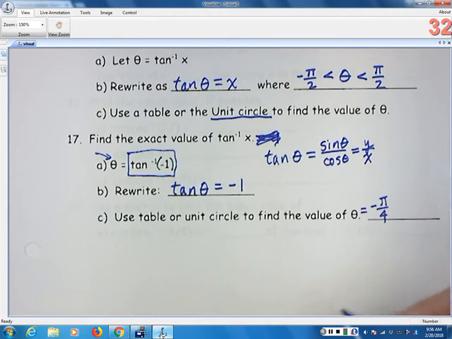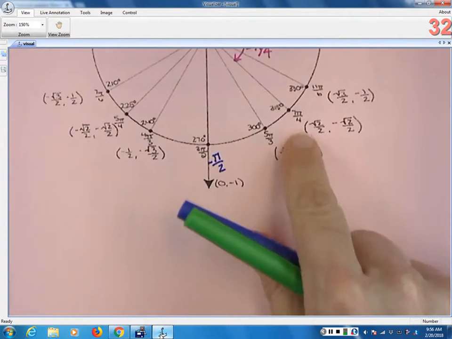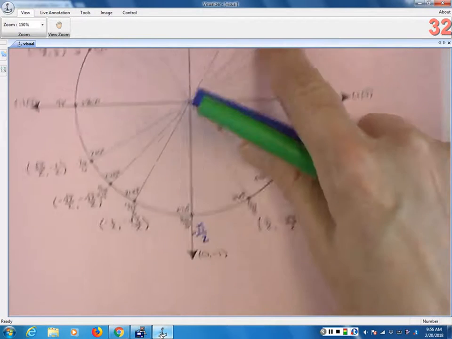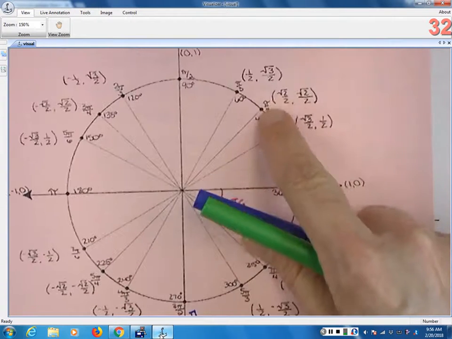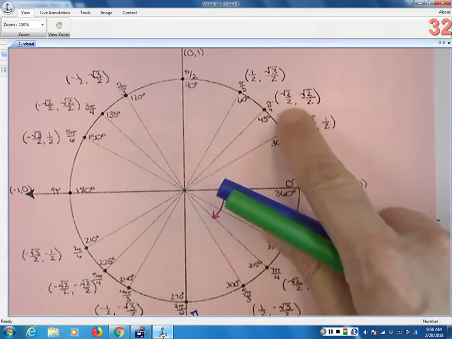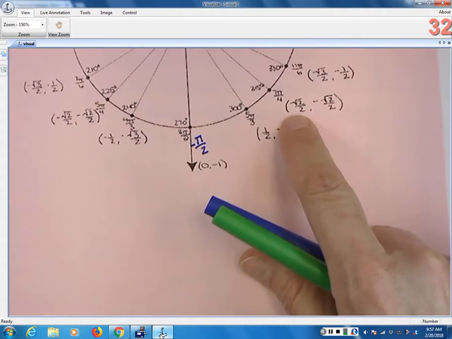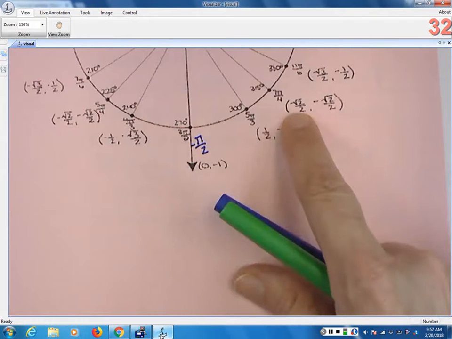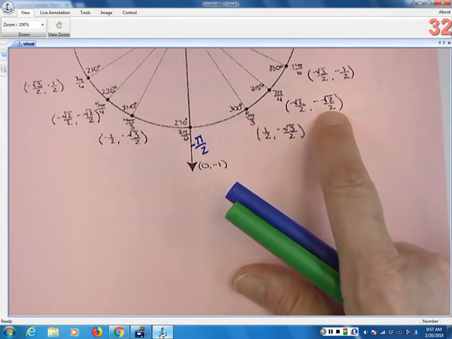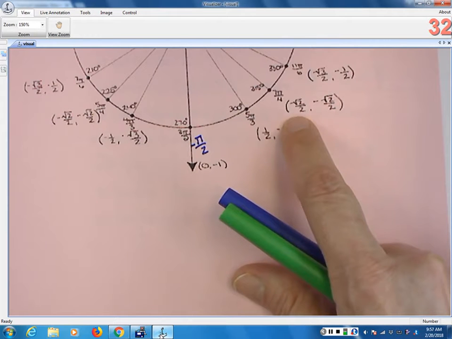If you put the sine over cosine for the y over x, wouldn't they give you positive 1 for that one? No. If you were up here at positive pi over 4, you'd get positive 1. But at negative pi over 4, you get minus square root of 2 over 2 over square root of 2 over 2.